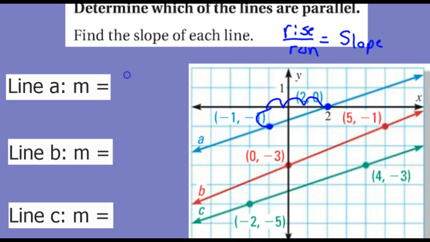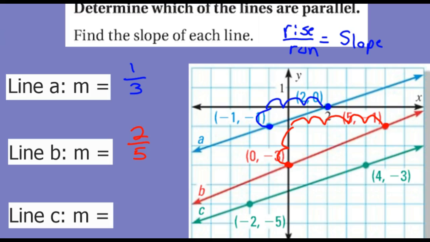So our slope is 1 over 3. Our second line, line B, starts here and goes to here. This line is going up 1, 2, and over 1, 2, 3, 4, 5. So our line B then is 2 over 5.